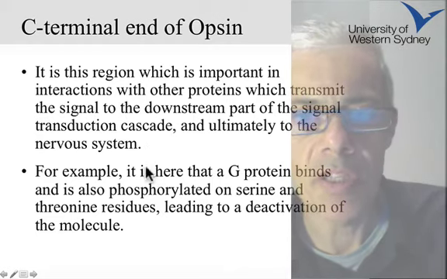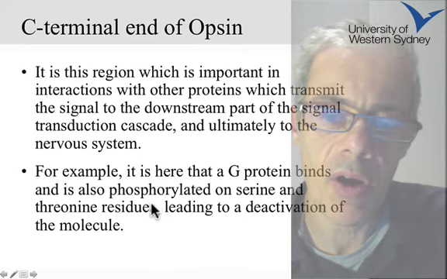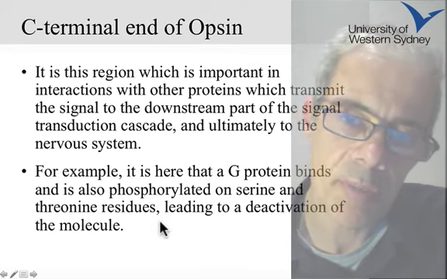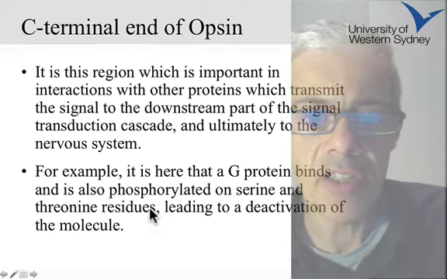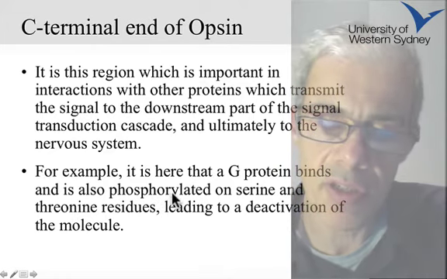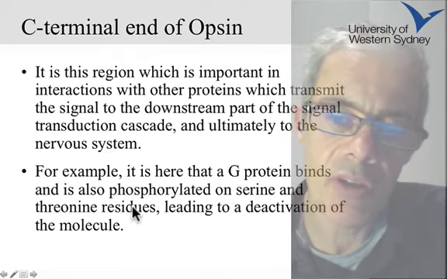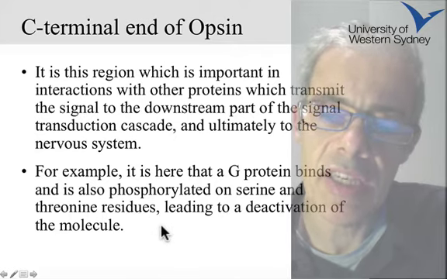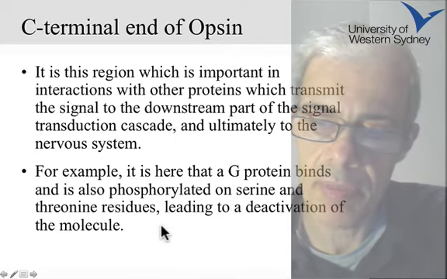Also, on the C-terminal side of the receptor, there's a region that can be phosphorylated on serine and threonine residues, and the phosphorylation of the receptor leads to the deactivation of the receptor.